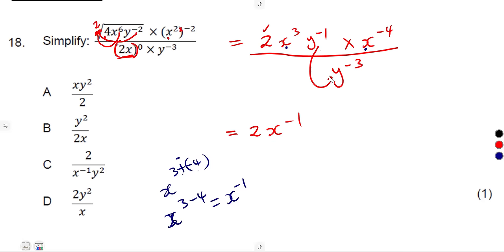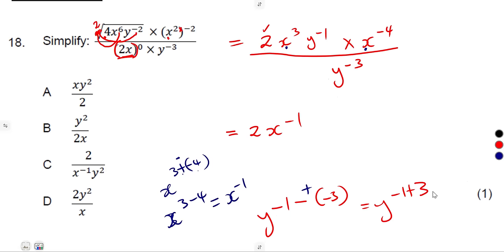The y and y are under a division, so you subtract the exponents, -1 minus -3. You subtract the -3, so that's a plus there. So it's -1 plus 3, which is 2. So that's y squared.